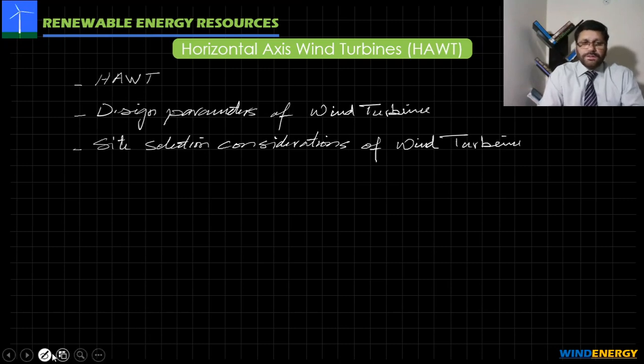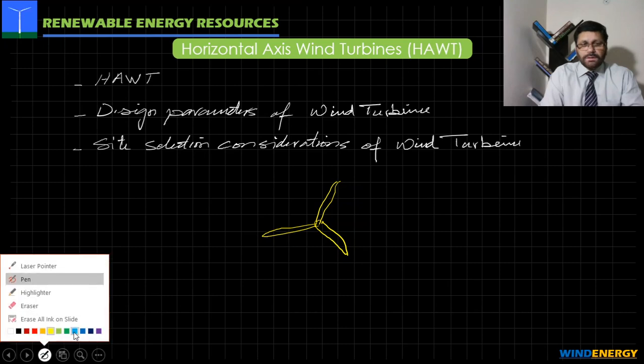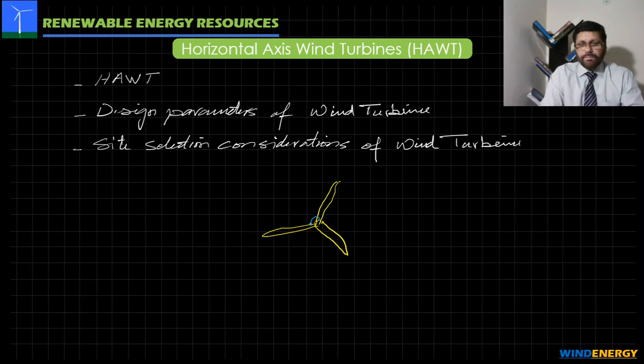If we look at the three-blade wind turbine, the main components of the three-blade wind turbine, let's say we have a three-blade wind turbine, and this is the hub, and we are going to have a structure like this.